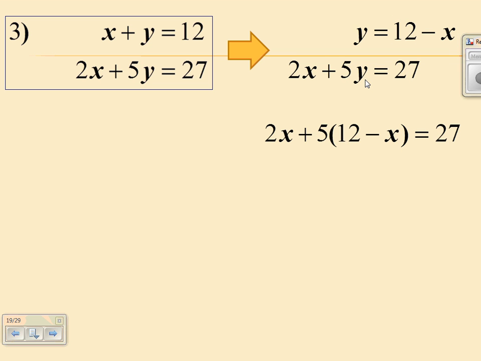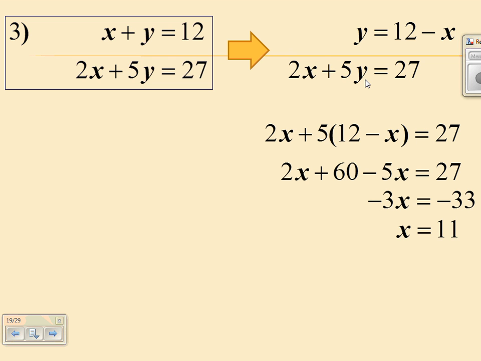I then get 2x plus 5 times 12 minus x equals 27. I then do the distributive property. I then simplify this. I then get x equals 11. Okay, so if I know x is equal to 11, I still have to figure out what y is.